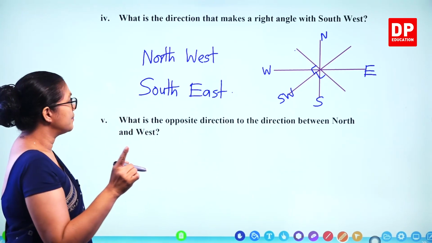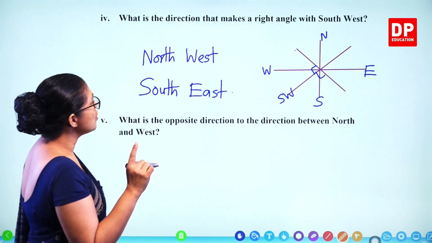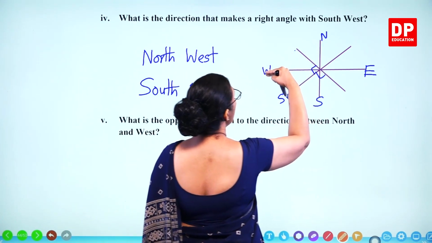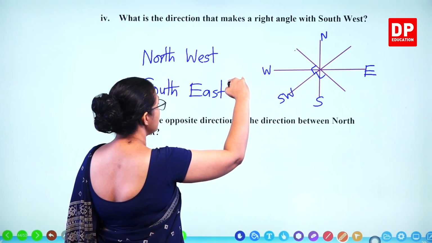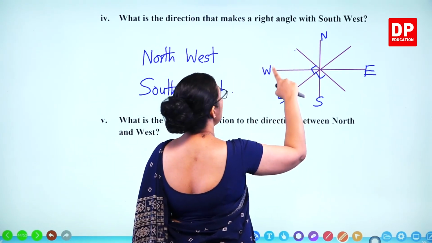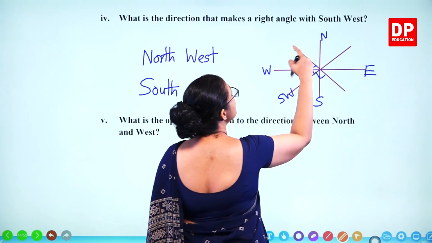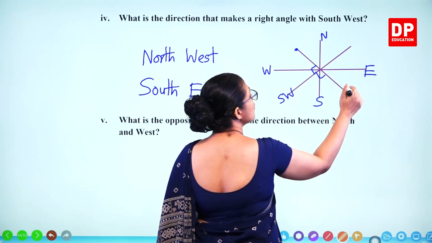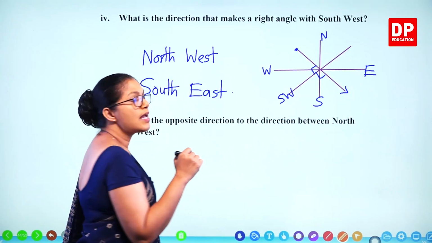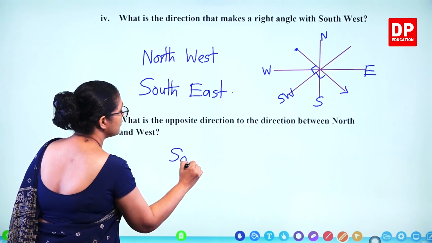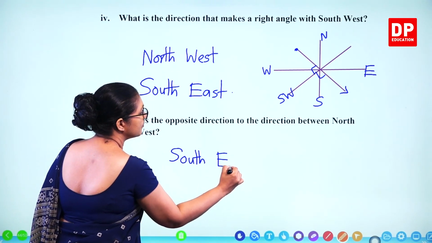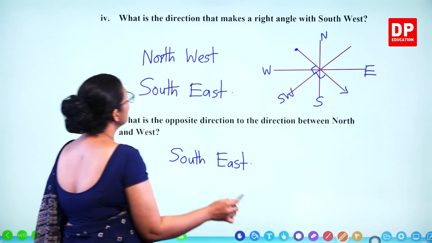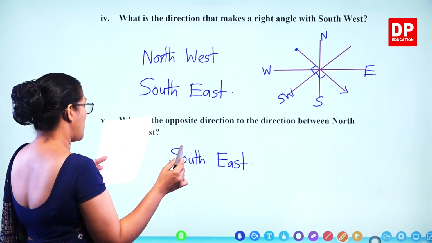Both 90-degree angle. What is the opposite direction to the direction between north and west? So here, what is north and west here? Northwest. Opposite direction. So that's this direction. South, east. So you have to get 2 marks each.